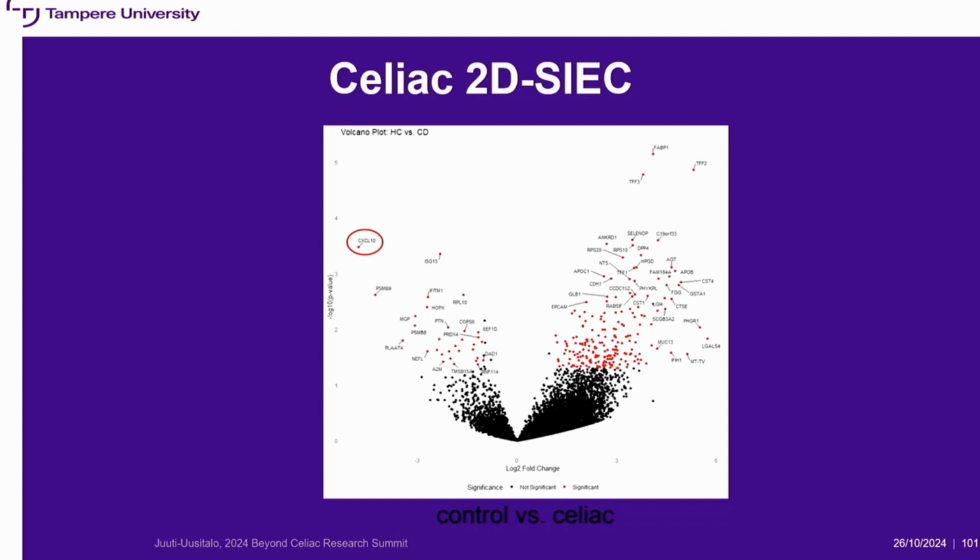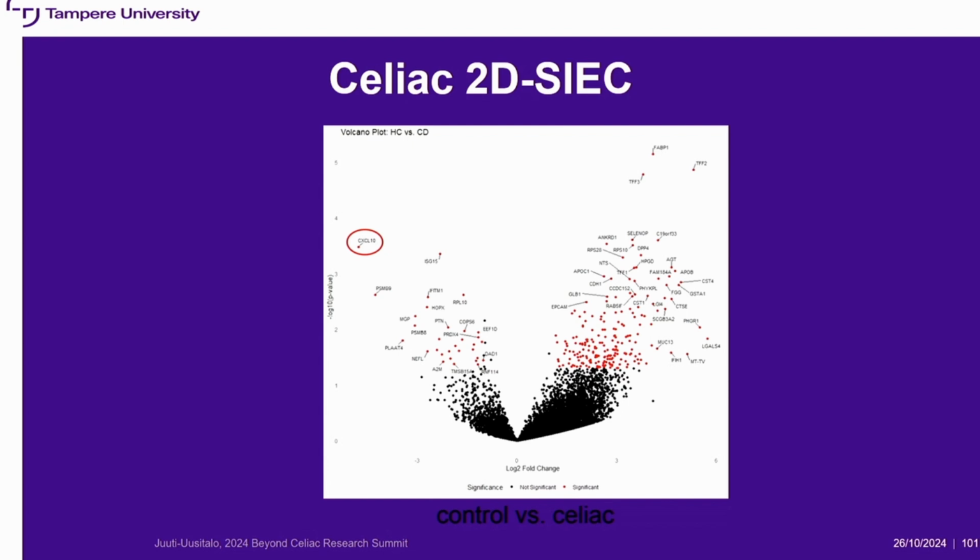But what we saw is that without any stimulations, the induced pluripotent stem cells differentiate to small intestinal epithelial cells. In celiac disease patients, they already express CXCL10, which is usually induced by, for example, interferon gamma.